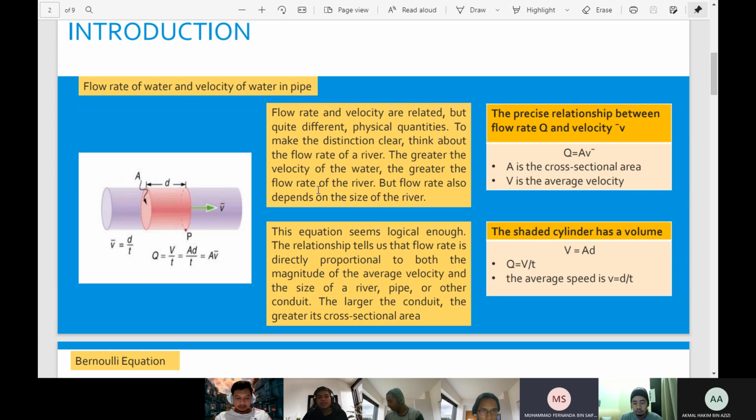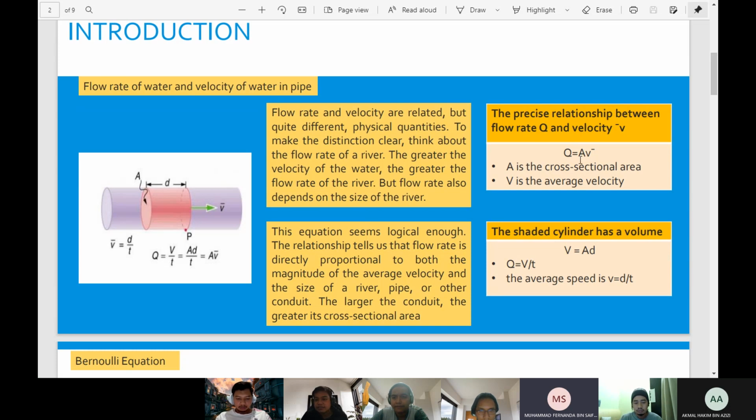But flow rate also depends on the size of the river. As we can see, this equation seems logical enough. The relationship tells us that flow rate is directly proportional to both the magnitude of the average velocity and the size of the river, pipe or other conduit. The larger the conduit, the greater the cross section area.